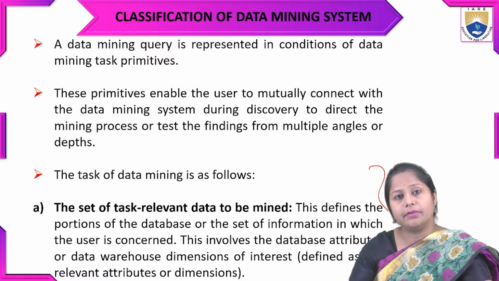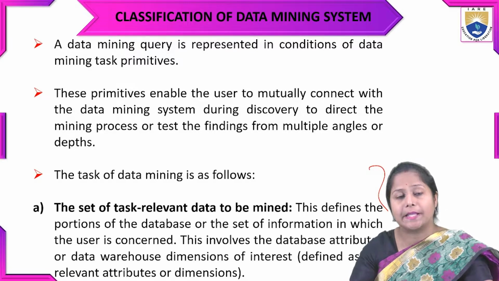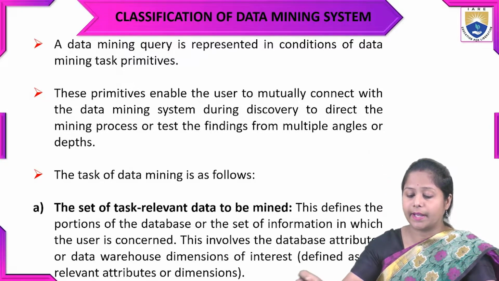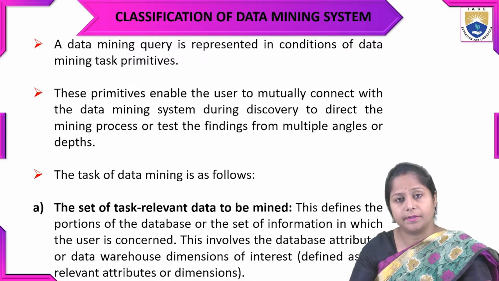If the data miner goes for some specific pattern, they have to understand that particular domain, and then go for the task-relevant data. This defines the portion of the database as well as the set of information in which the user is concerned, so it is task-oriented, basically domain-oriented. This involves the database attributes as well as the data warehouse dimensions.